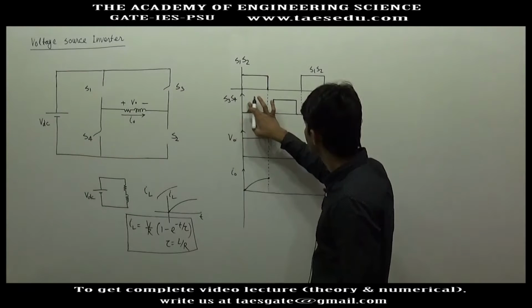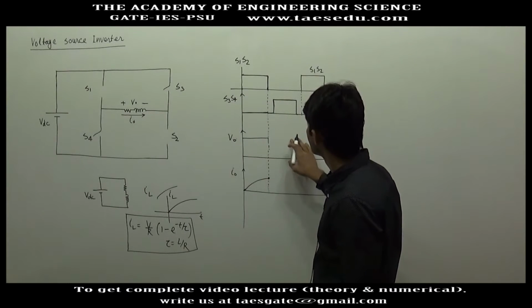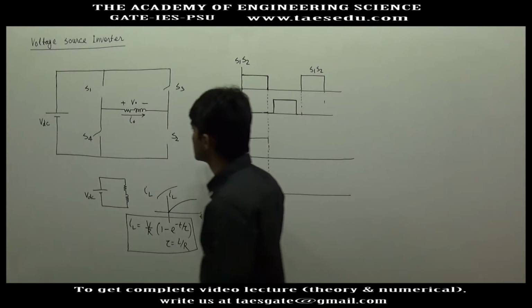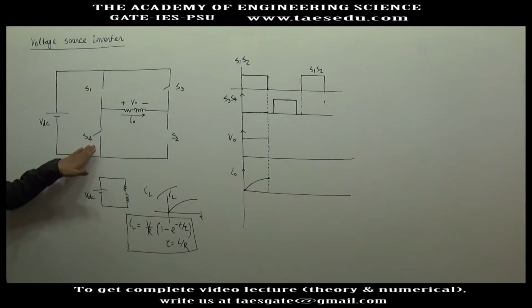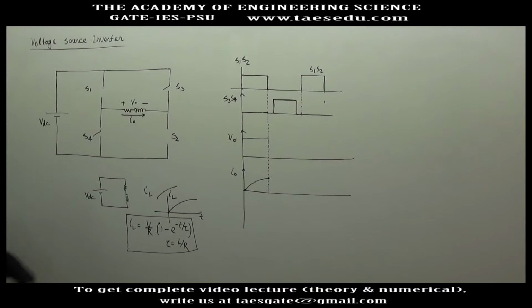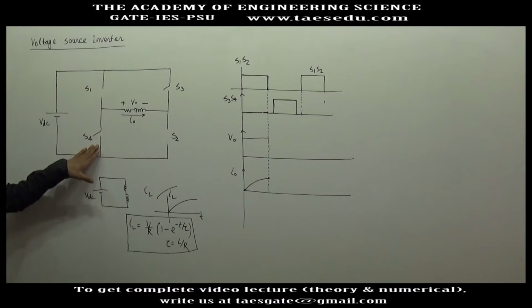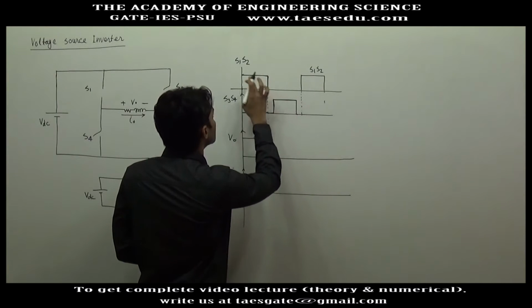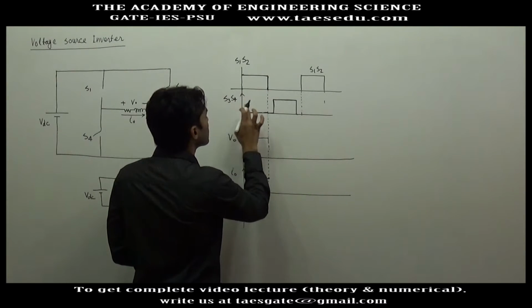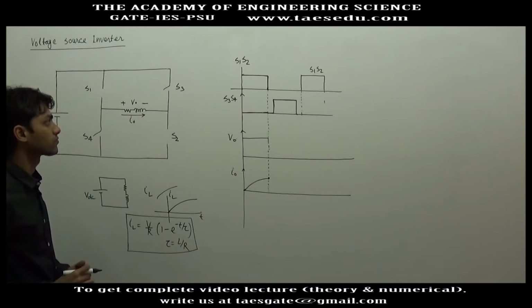Because to avoid overlapping: when S1 and S4 are connected simultaneously, you will have a short circuit. So to avoid the short circuit, I have maintained a gap between the switching of S1, S2 and S3, S4.